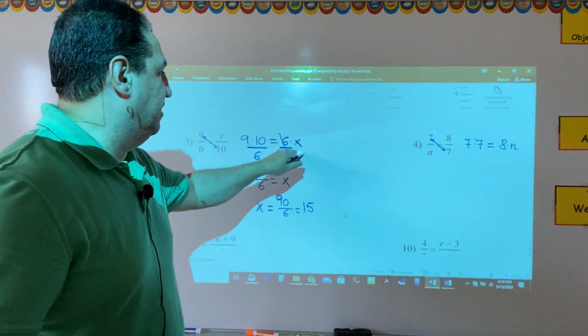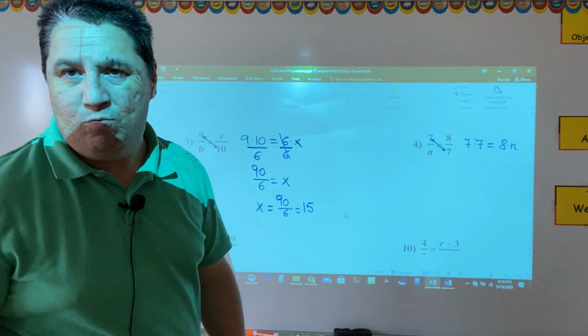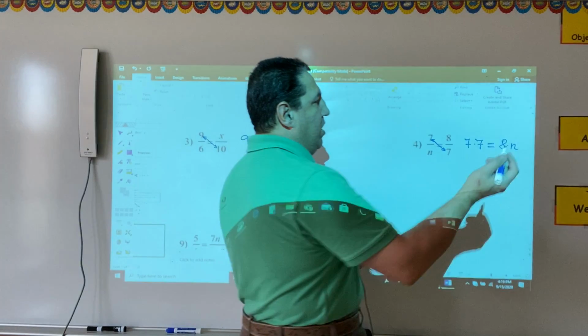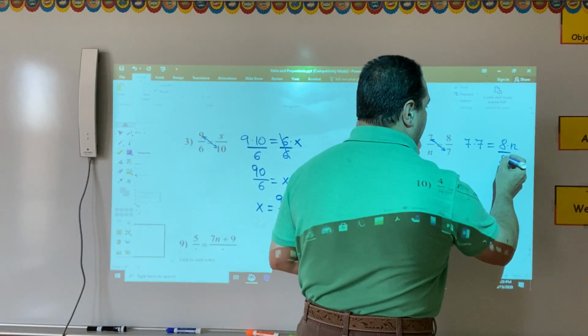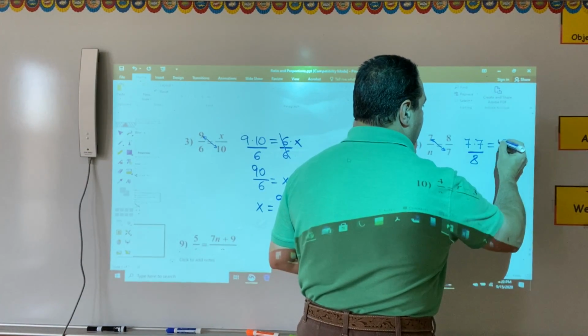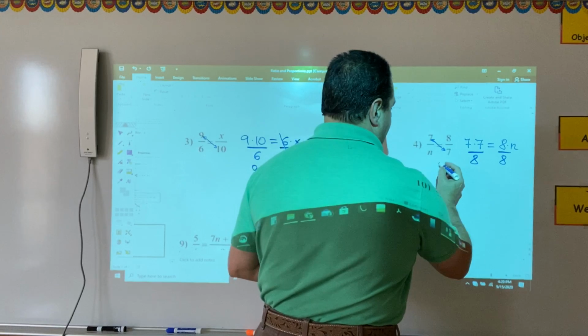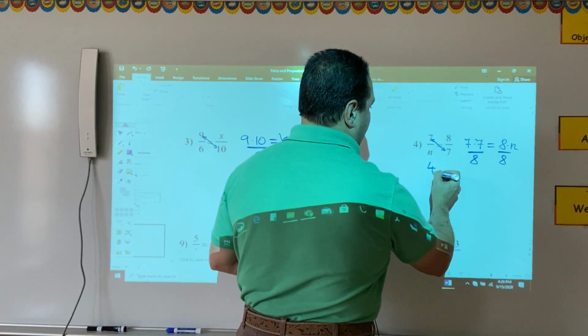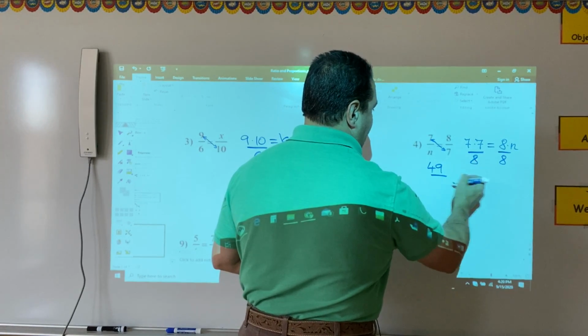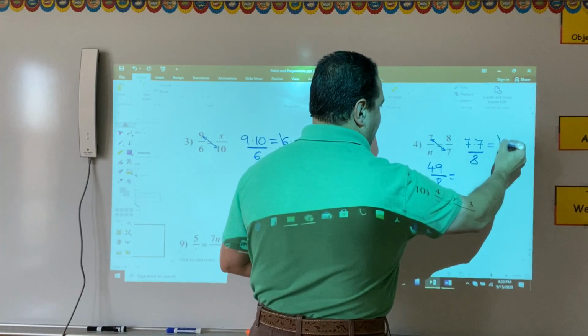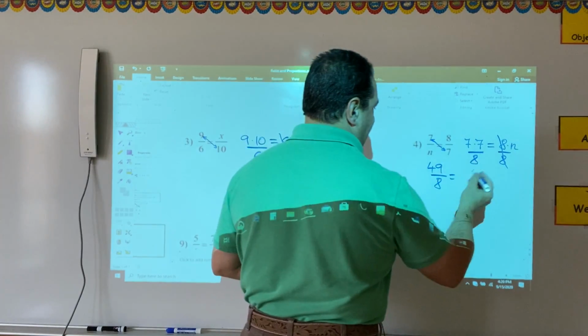This time the variable is not x anymore, but n. So we get rid of 8 by dividing by 8 on both sides. So you're going to get 7 times 7 equals 49 over 8 equals n, since the 8 and 8 divide out.